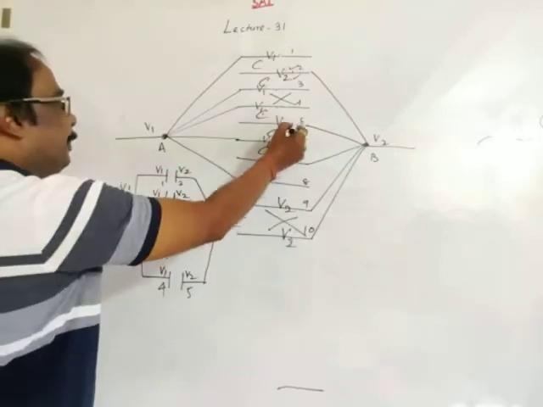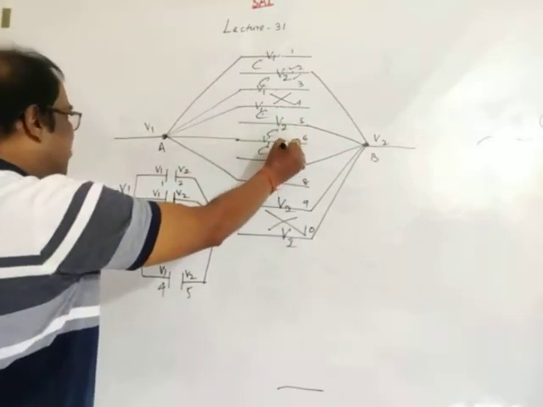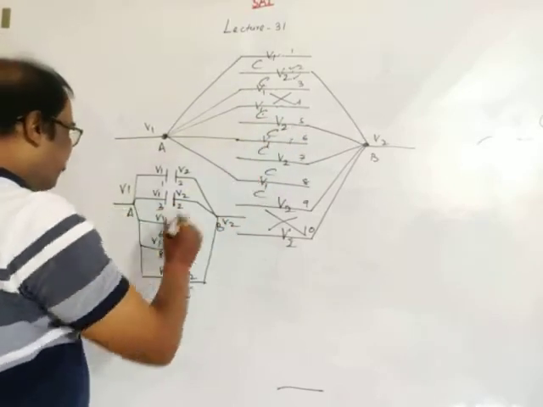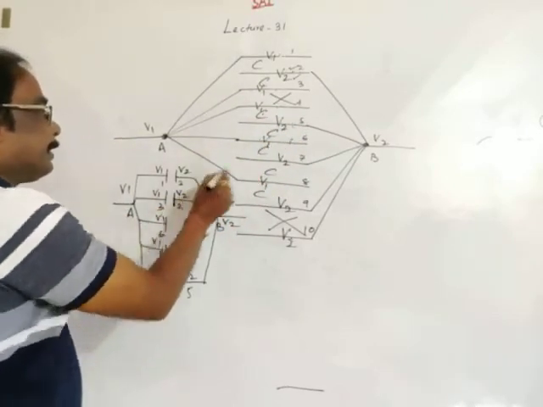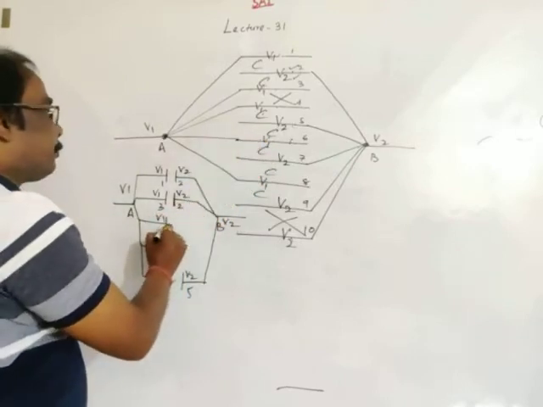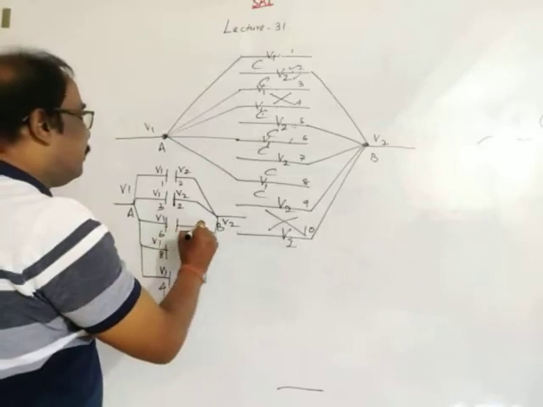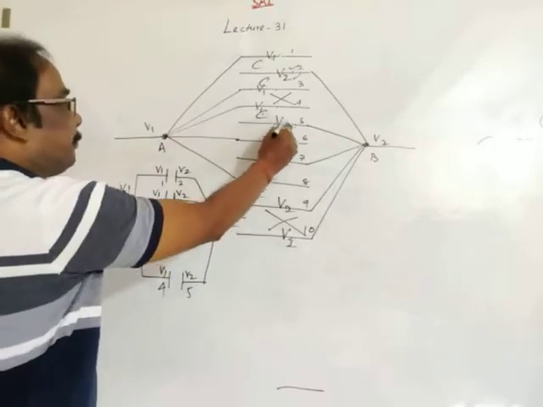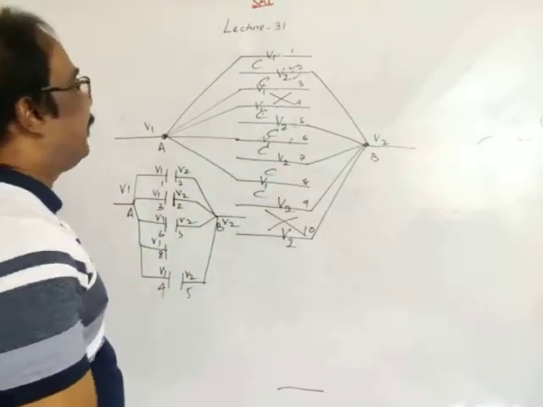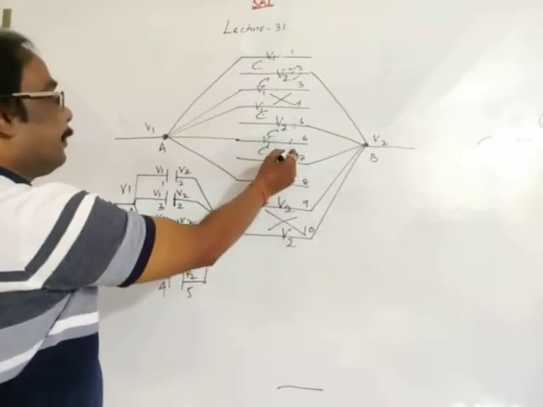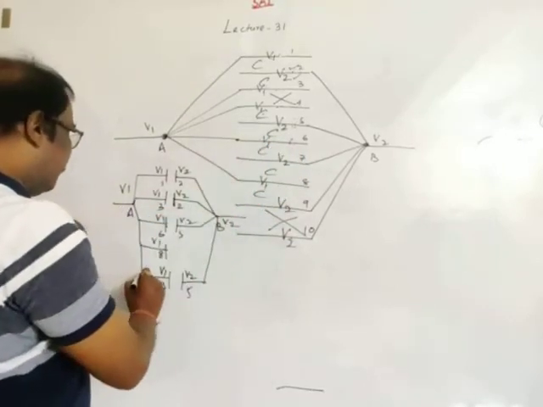Then between 5 and 6, we have not taken this capacitor. The sixth plate is at potential V1, and the fifth plate is at potential V2. Then between 6 and 7, we have not taken this capacitor.